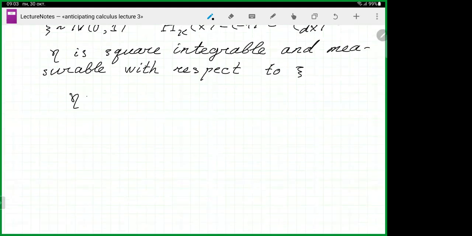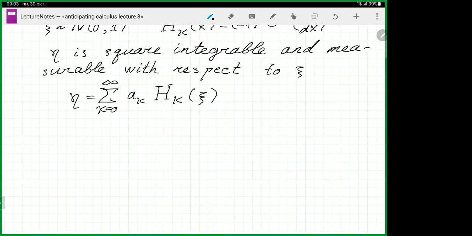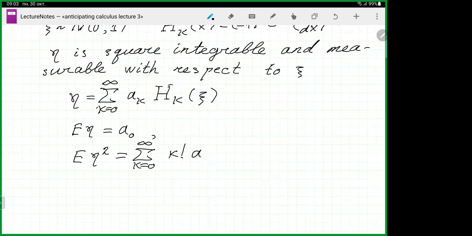Eta is equal to the sum from k equal 0 to infinity of ak hk of psi. This representation contains orthogonal summands, namely expectation of eta is equal to a0 and expectation of eta squared is equal to the sum from k equals 0 to infinity of k factorial ak squared.